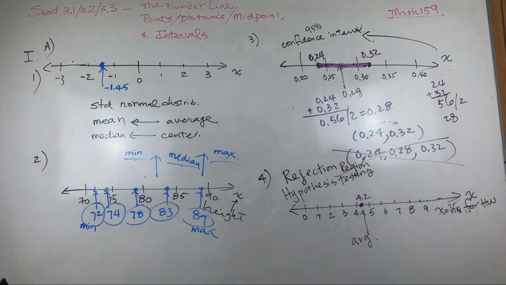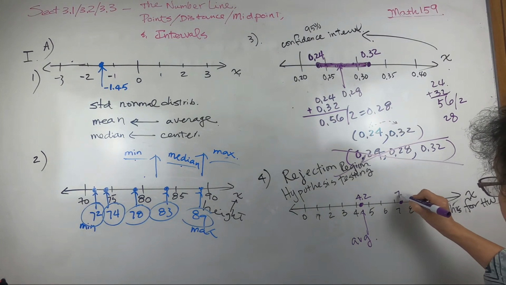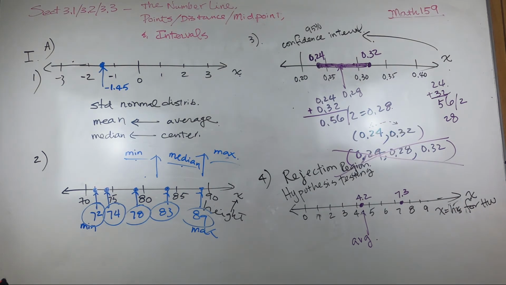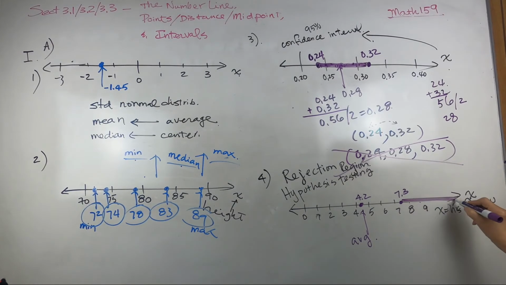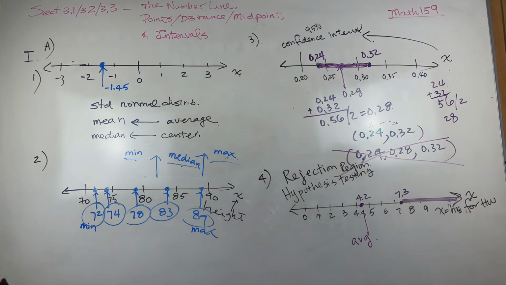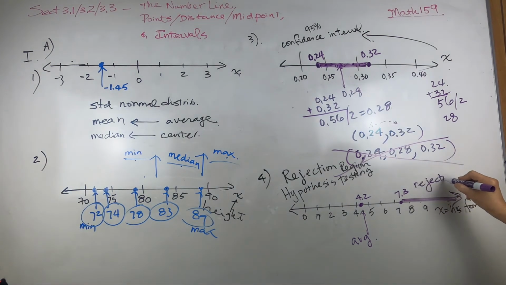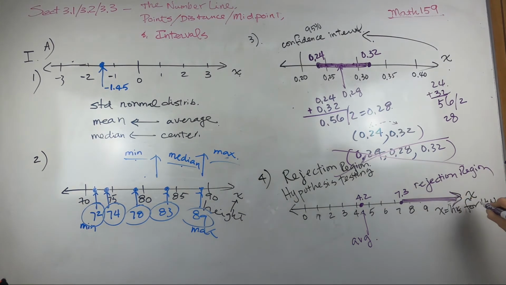Then it says the rejection region for the hypothesis test is all numbers larger than 7.3. So we find the 7.3, right? Larger than 7.3 can be 8 hours, 9 hours. So we are talking about this part to forever, right? So this part is what? It's called the rejection region.